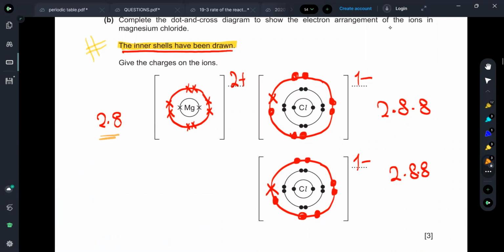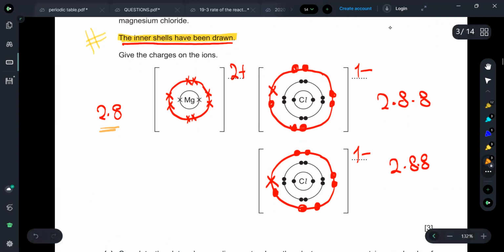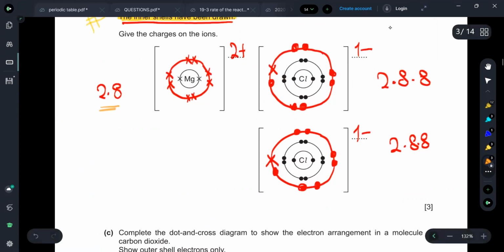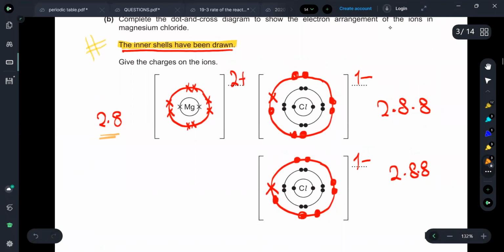So you must draw the outer shell which contains 8 electrons. Then for chloride, the chlorine atom is 2,8,7 and gains an electron to become -1. So draw the outer shell which contains 1 cross from magnesium, except from magnesium. So don't forget to draw the outer shell for chloride.